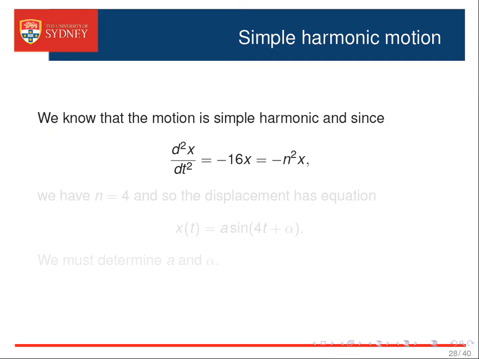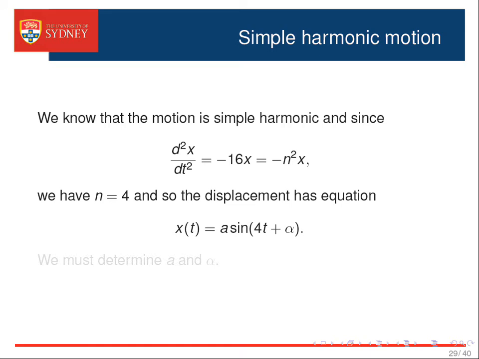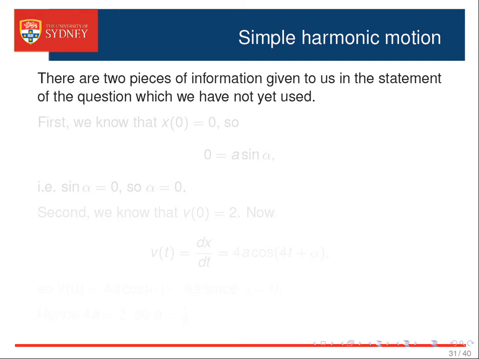We know that n equals 4, and so by our discussion above, the formula for displacement x at a given time t is x of t is a sine(4t plus alpha), for some constants a and alpha which we must determine. In order to determine these constants, we need to use the rest of the information given to us in the question.